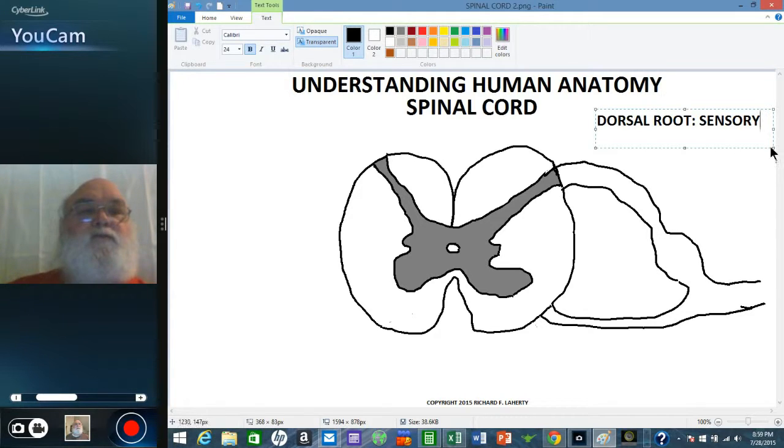So the dorsal root is sensory or afferent. So all the sensory, all the afferent fibers are going to be coming in via the dorsal root.